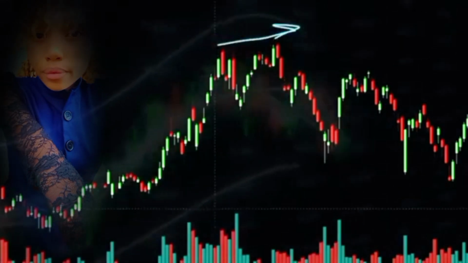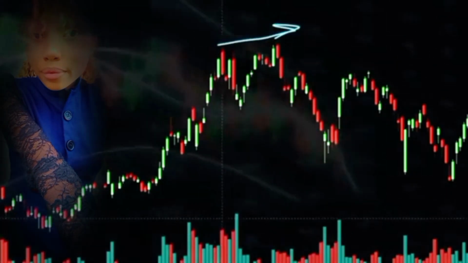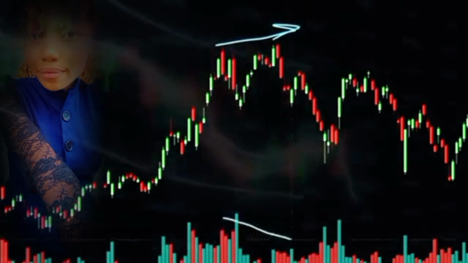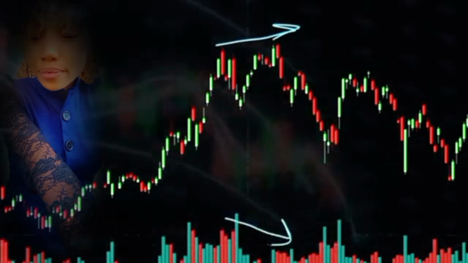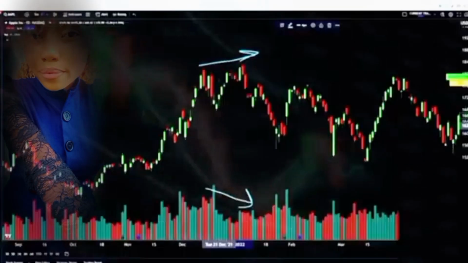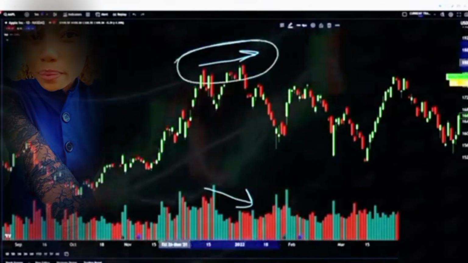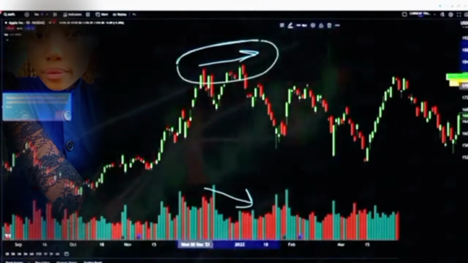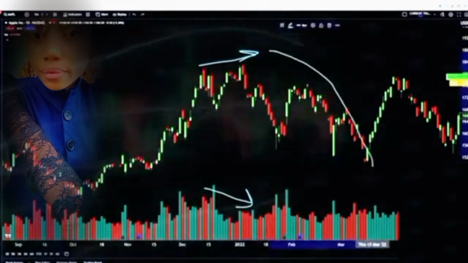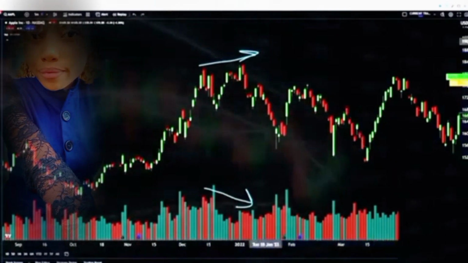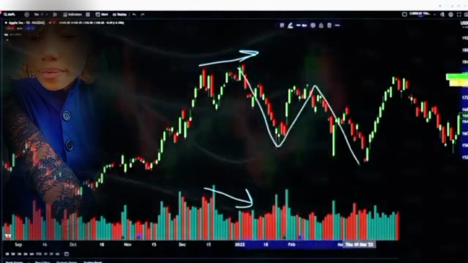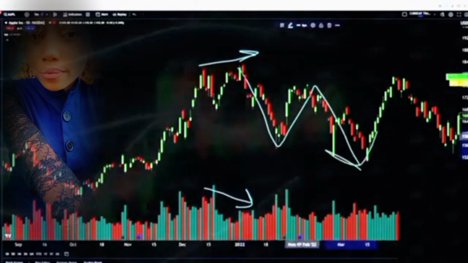But if you look down here to the volume, you can see that we have the volume going in the other direction and printing a lower high. It means that even though the price pushed higher, the move was supported by less buyers. And this right here is what we call a bearish volume divergence and indicates a potential reversal to the downside. And you can see that after this divergence, we started a corrective move here towards the downside.